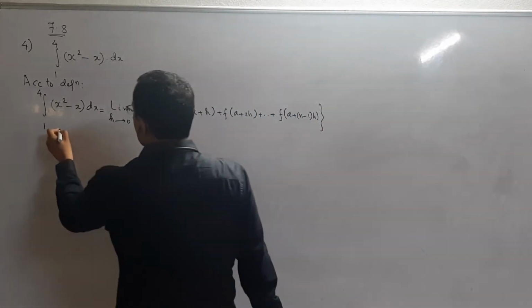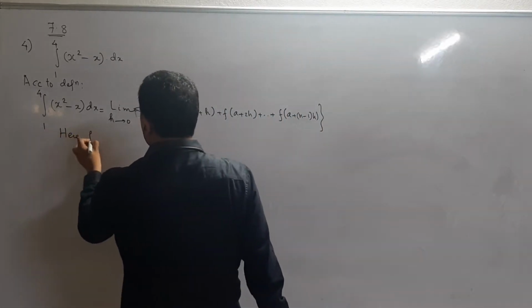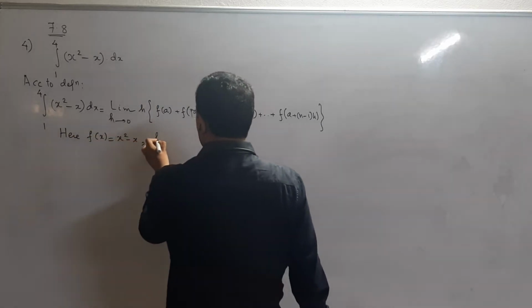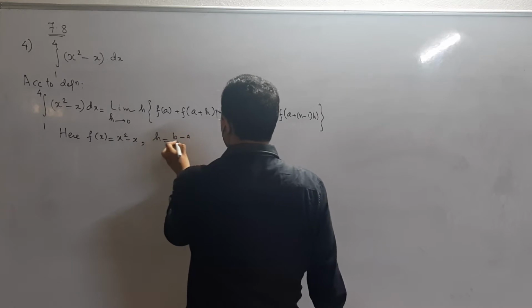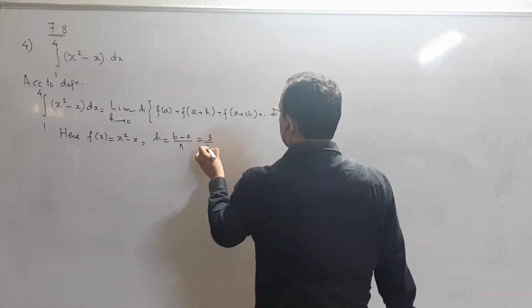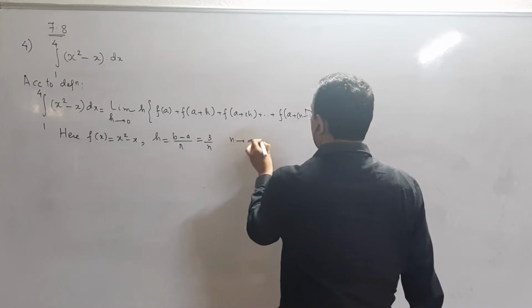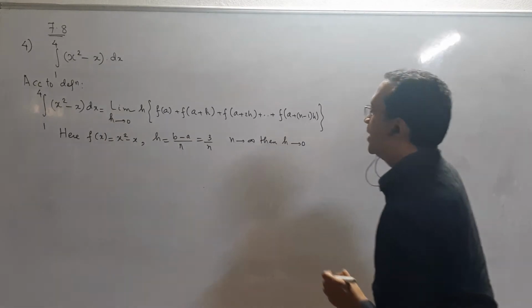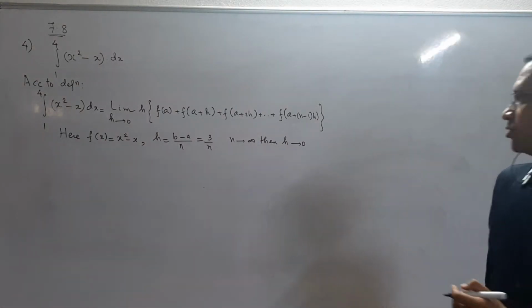Here f(x) is x square minus x, h is equal to b minus a upon n, which is 4 minus 1, 3 by n, and n tends to infinity students. Then we have h tends to 0.